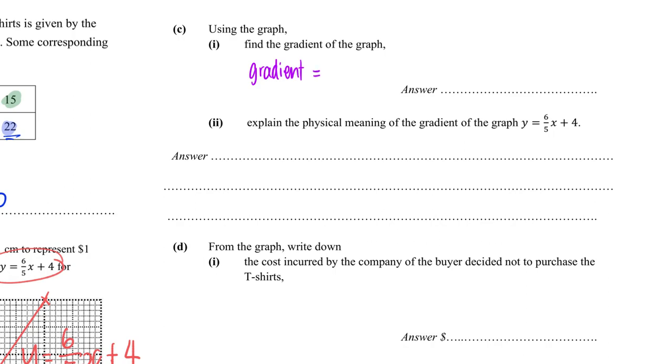Y1 minus Y2 is equals to 16 minus 10 over 10 minus 5. And this will be equals to 1.2.